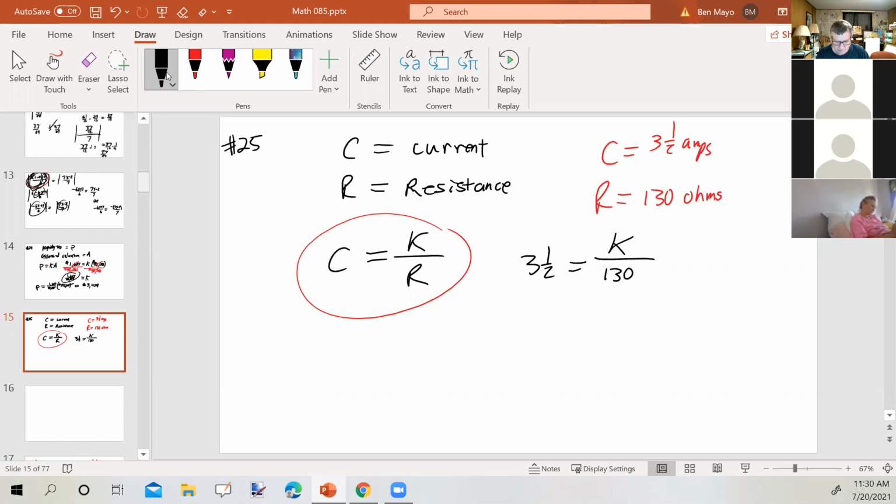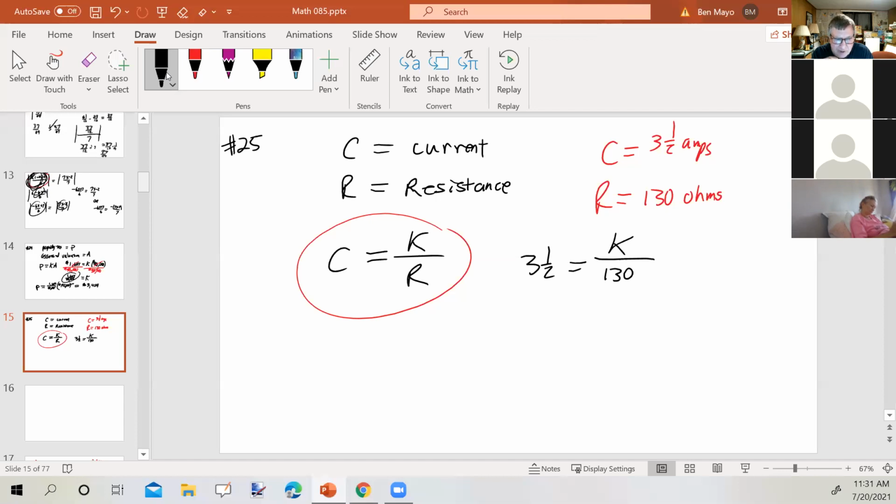If we accidentally flipped them, putting 130 where the C was and C where the R was, we would get it wrong. Because of the way this problem is set up with the proportion, you would actually get the right K value, but technically you're not doing it correctly.